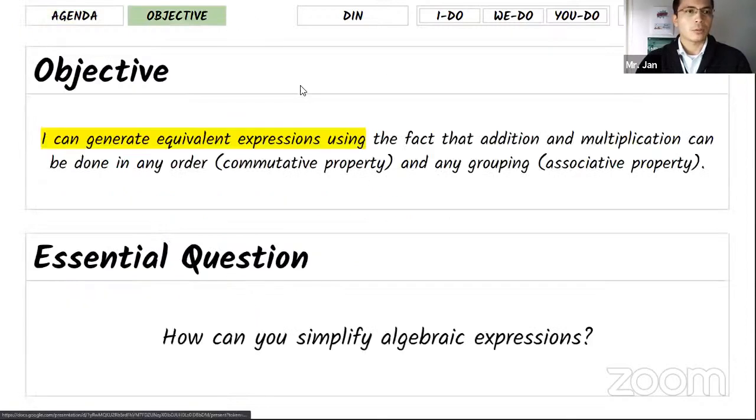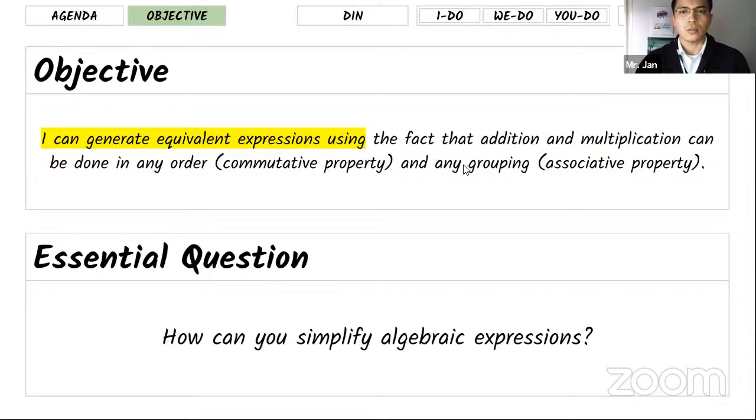Okay, so today's objective is: I can generate equivalent expressions using the fact that addition and multiplication can be done in any order, the commutative property, and any grouping, the associative property. If you remember from the other unit, the commutative property means you can switch the order when you add and multiply numbers. It's only adding and multiplying, not subtracting and dividing.